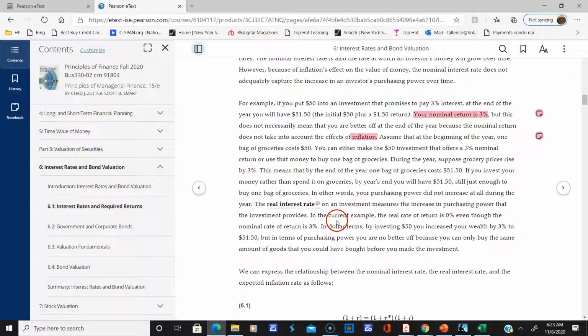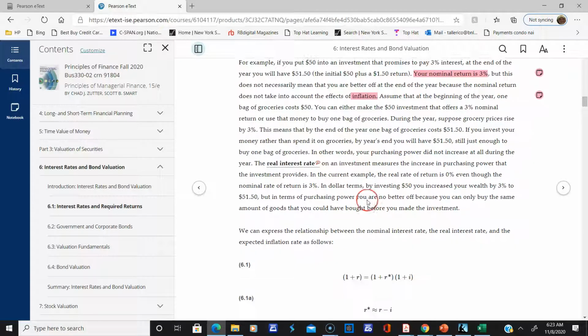In the current example, the real rate is 0, even though the nominal rate is 3%, because inflation is probably banging away at 3%, okay? So you can see grocery prices rise by 3%, so your real rate is 0. You're not getting anything. So that's an important point, okay?